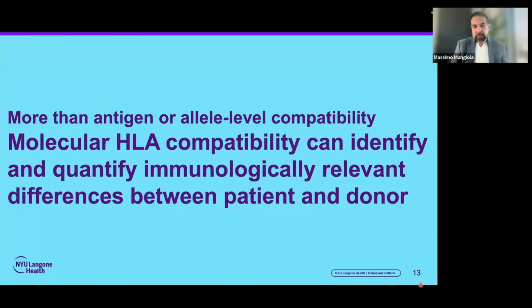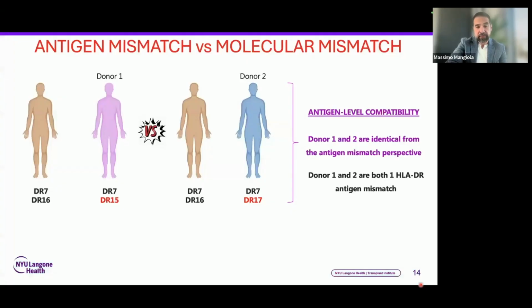So, you know that beyond the antigen level, what matters is molecular HLA compatibility. So it's the difference at the molecular level, at the amino acid level, that exists between a patient and a donor. And this method allows you to quantify those differences that, as you know, are all potentially immunologically relevant, immunogenic. And here is a very easy example where you can put a patient and two unrelated donors, and from the antigen standpoint, they're going to look identical, right?